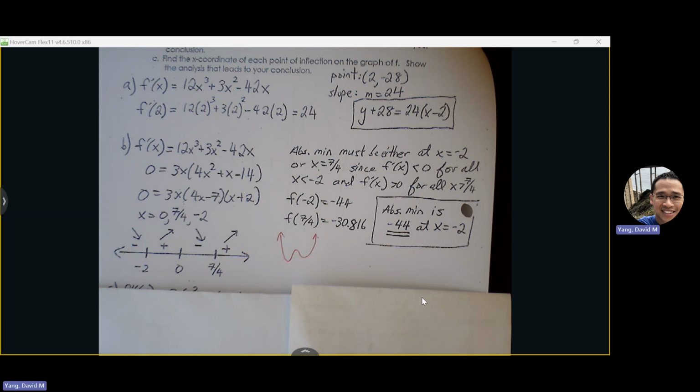How do we get to point of inflection information? Second derivative, right? Second derivative. Okay, so let's make our way down to f double prime.